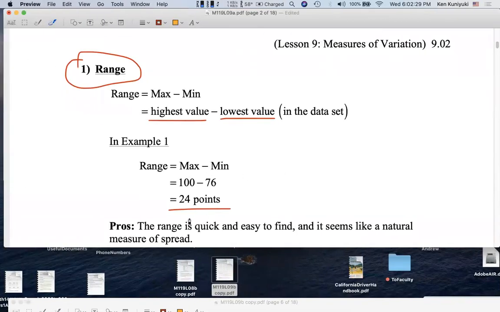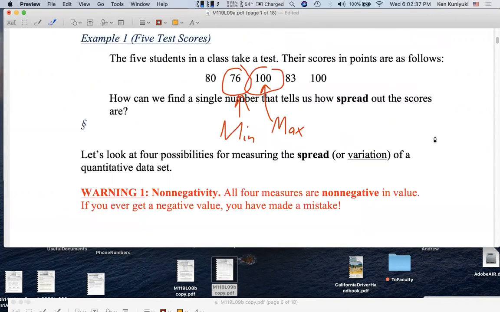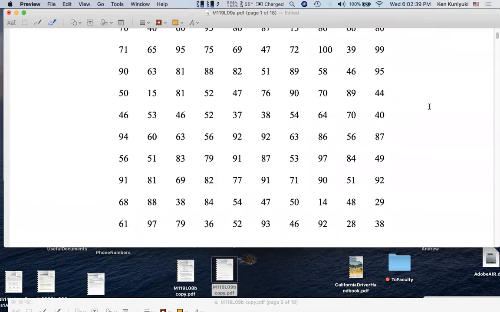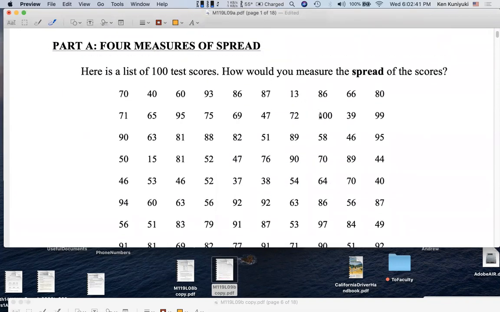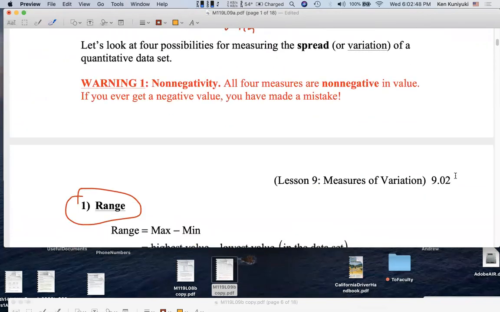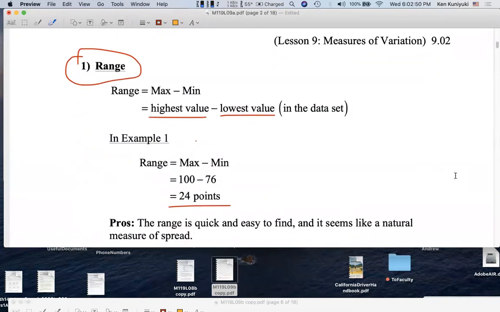So the pro is that the range is quick and easy to find, assuming that you or Excel can find the max and min pretty quickly. I realize that without a computer, by staring at this, it might take you a while to find the min at least. The max you can find pretty quickly. It might take a while to figure out the 13 points is the min. So pro, quick and easy to find, and also it seems like a natural measure.